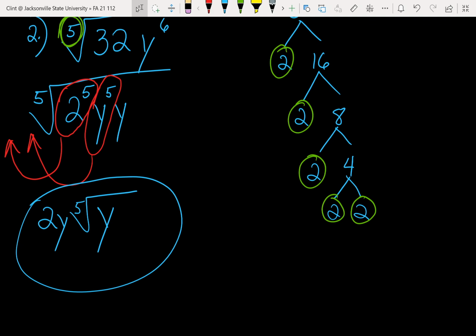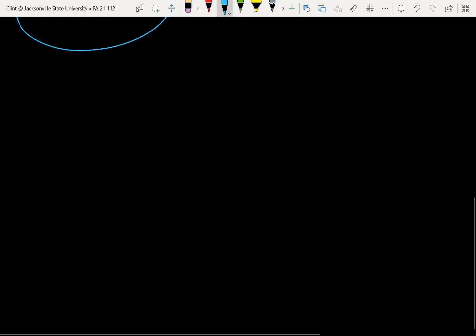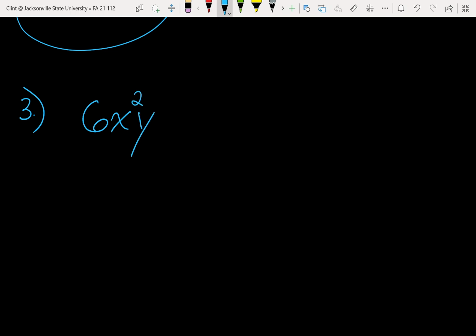Number 3 tells us to factor out the greatest common factor, and gives us 6x squared y minus 2x y squared plus 9xy.